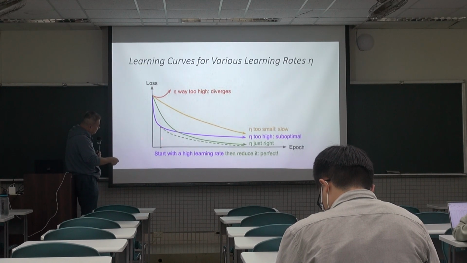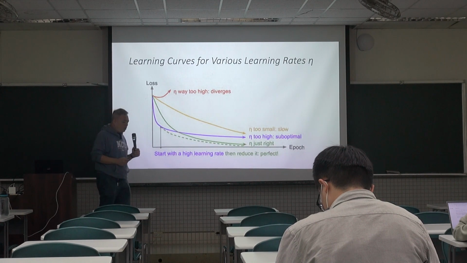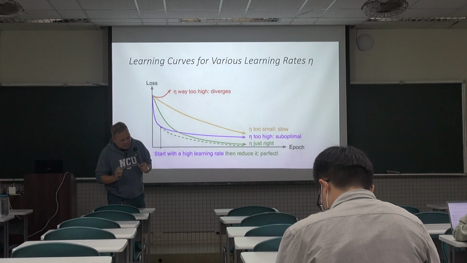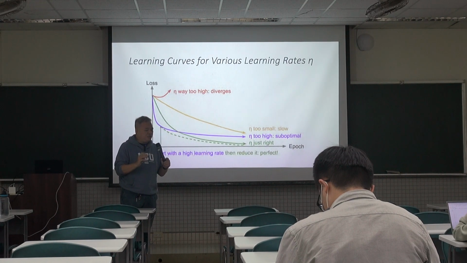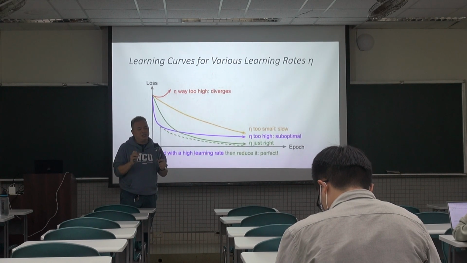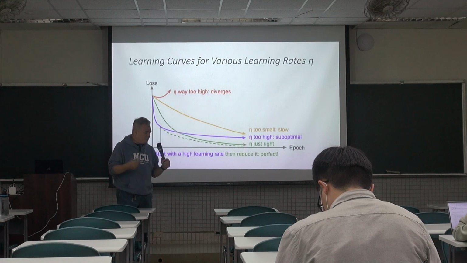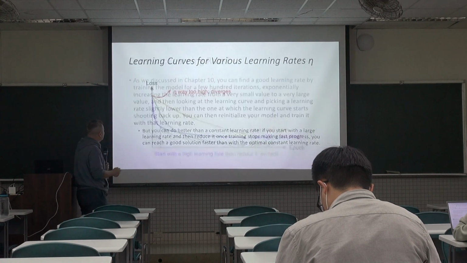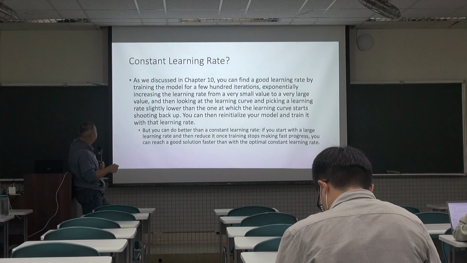We can dynamically change the learning rate so that, normally, this is not always the case, but normally we start with a larger learning rate and gradually shrink it. That's the basic idea of learning rate scheduling.